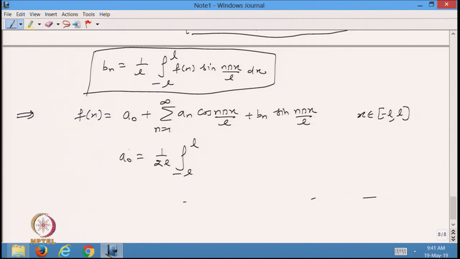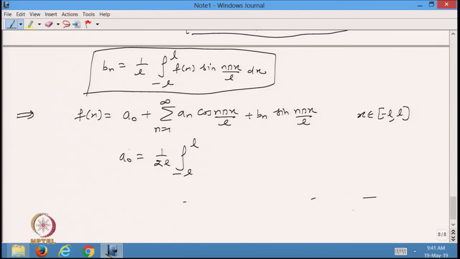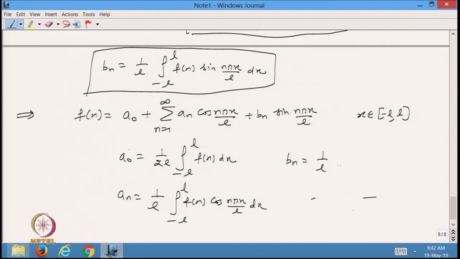And then if I want to apply this function for the whole period, then the same function will vary. So, a naught is this one, the integral of f(x) dx, a n is 1 over L times the integral of f(x) cos(n pi x by L) dx, and my b n is 1 over L, minus L to L, f(x) sin(n pi x by L) dx.